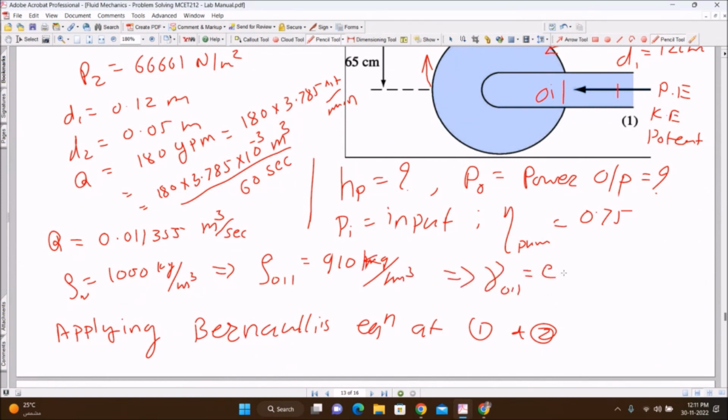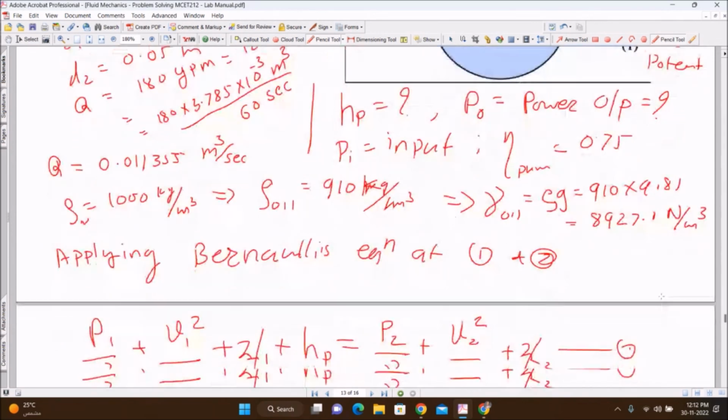Specific weight of oil is rho g is equal to 910 into 9.81 is equal to 8927.1 Newton per meter cube. So this is the specific weight.